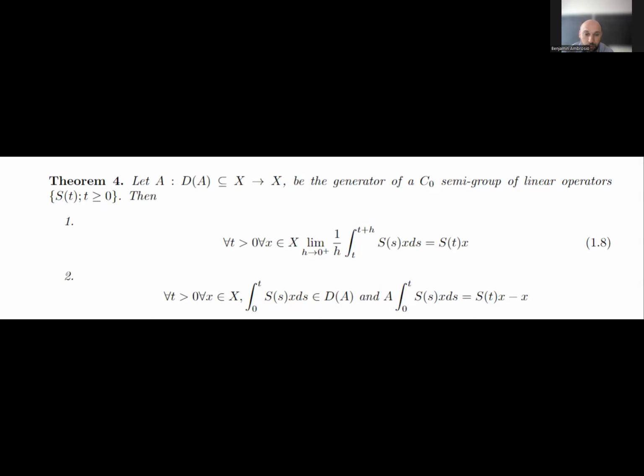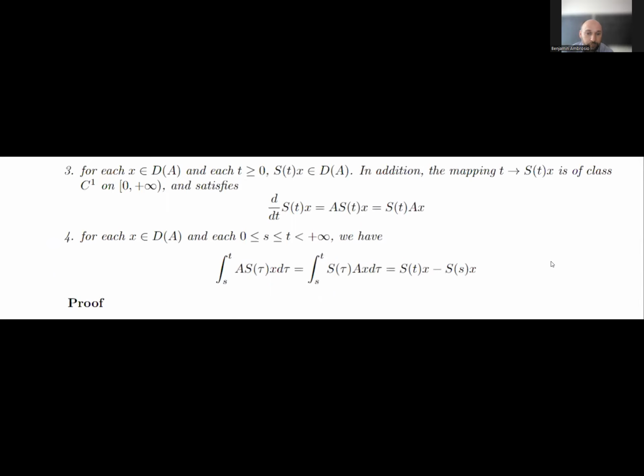Next, for all x in X and for all positive t, we have that this integral belongs to the domain of A, and when you apply A to this quantity, you get S(t)x minus x.